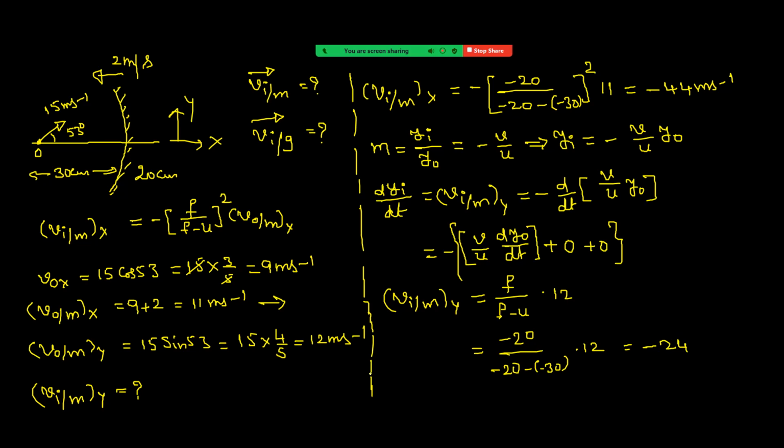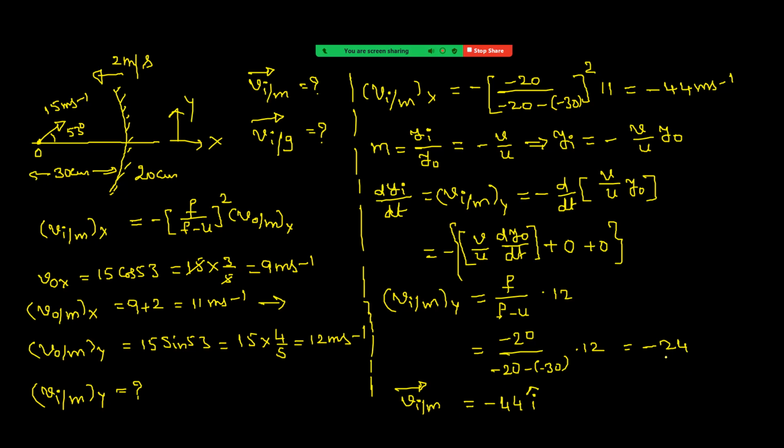Now we have to calculate velocity of image with respect to mirror. So now we can see the answer for that directly. Velocity of image with respect to mirror is equal to, its component along x-axis, that is minus 44. So minus 44 i cap.